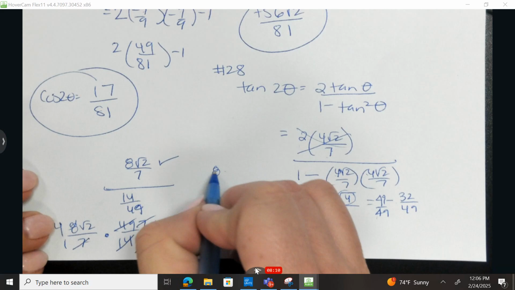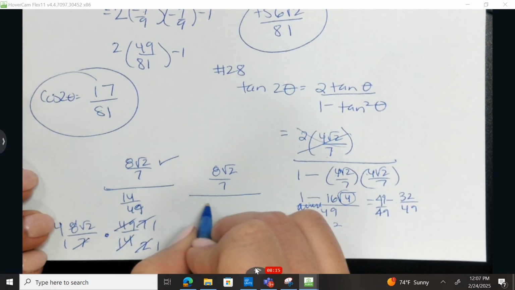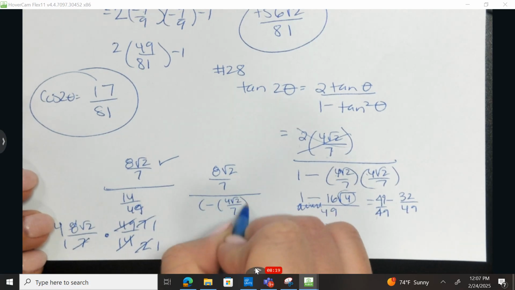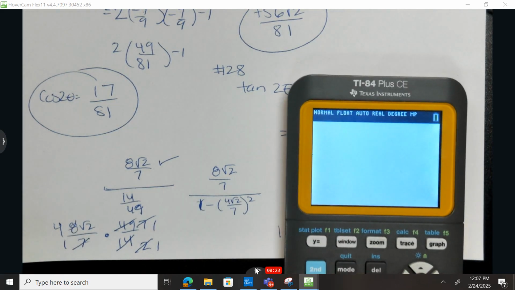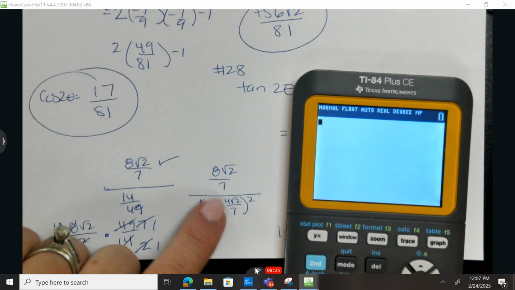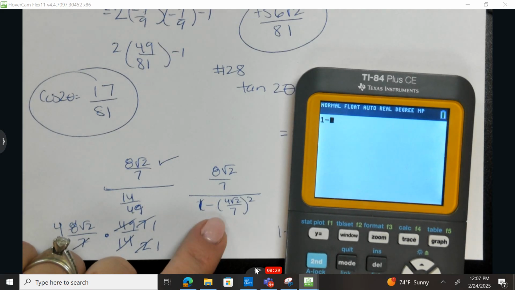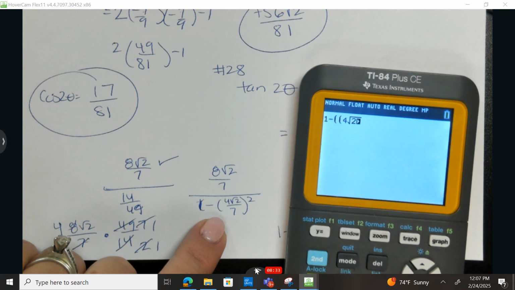Let me try plugging this in. Okay, let me see if I can plug this in. Let's try this. 1 subtract 4 square roots of 2 divided by 7. I don't know why this is not matching up with the answer key.